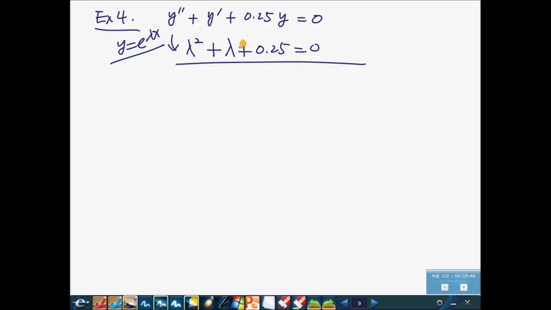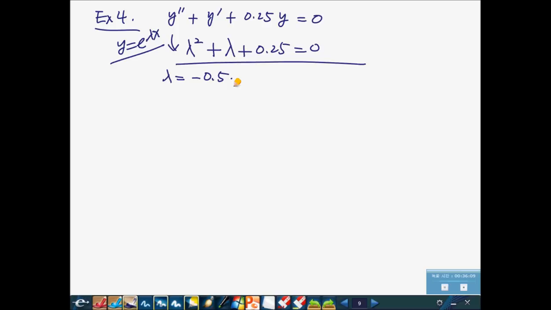And y, reducing it, is 1. And there is no derivative, meaning 0 power. So lambda to the 0 is 1, right? Okay? Then the root of this is lambda equals minus 0.5.